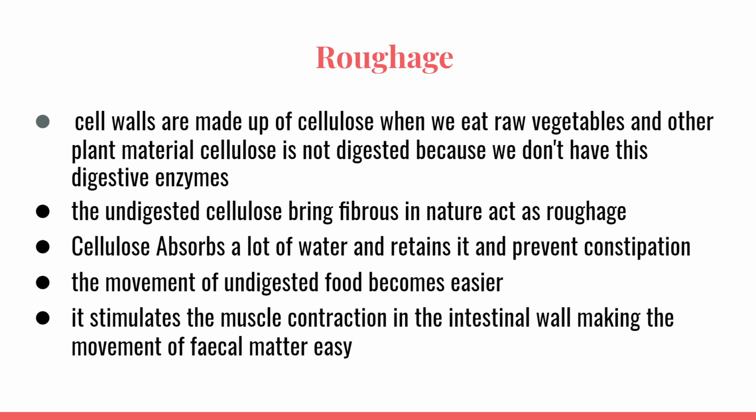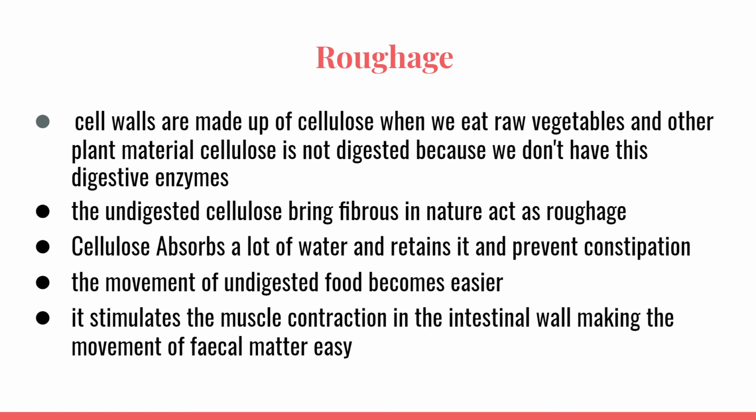Now cellulose absorbs a lot of water and retains it. So they absorb a lot of water and they prevent constipation. Now constipation we'll learn in the upcoming classes too. The movement of undigested food becomes easier. So because of roughage, movement of undigested food also becomes easier. So that's why when you have constipation, you should need more roughage, more raw vegetables, right?